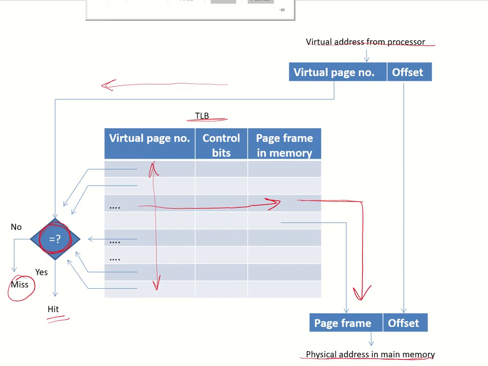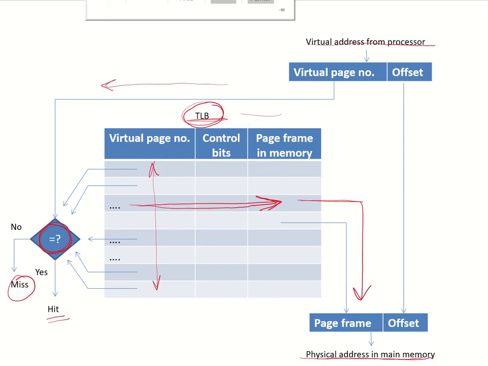So most of the time, if a page has been accessed recently and a subsequent address from the same page is required, that page information is updated in the TLB so that the next time an address is required, it is available in the TLB and the page table in the main memory need not be accessed, because that would require multiple accesses of the main memory.